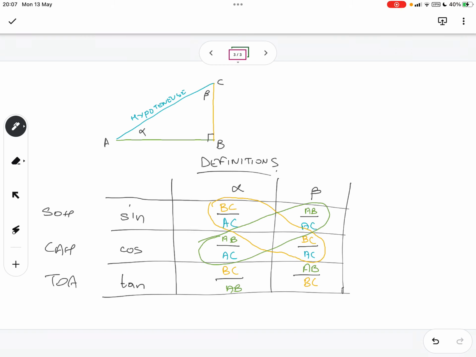It means that sine of alpha equals cos of 90 degrees minus alpha, because we've proven that beta is 90 degrees minus alpha.